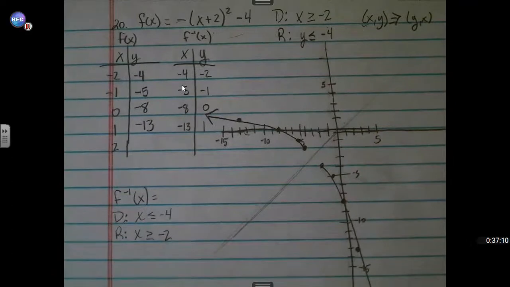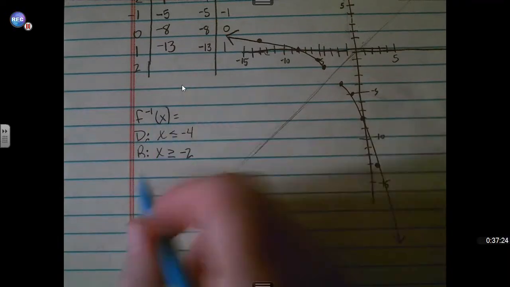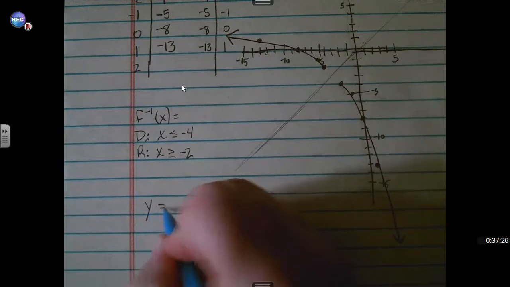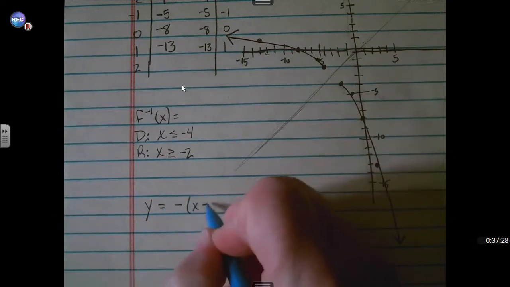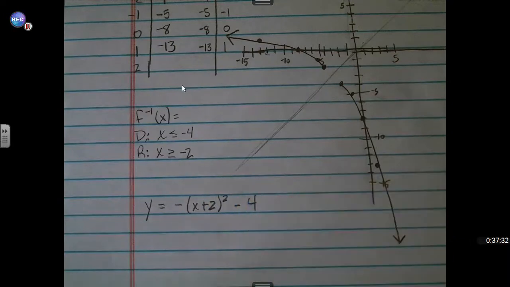Okay. Now to find the rule. The rule then, we take the original function and we change the notation from function notation to y equals, okay?